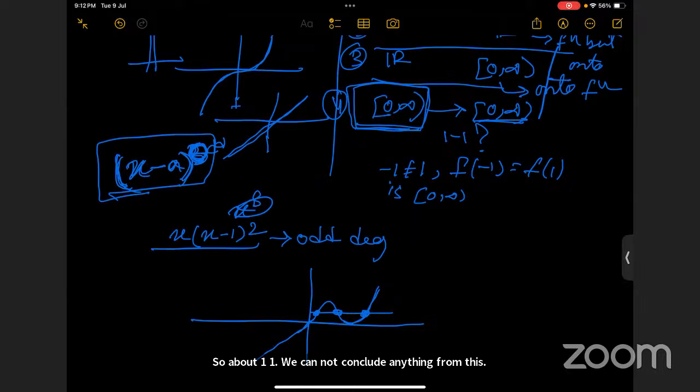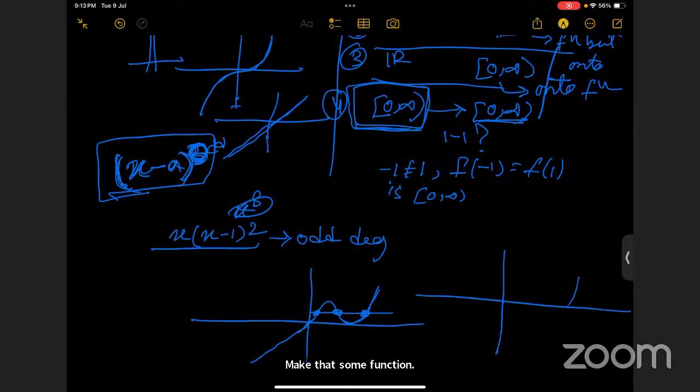Suppose you have some function like this, with some tilde here.